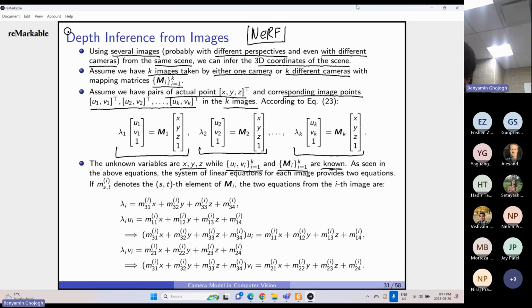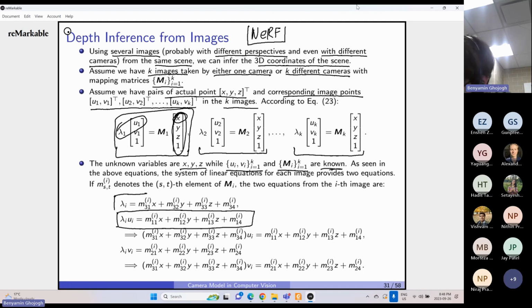So now consider one of these equations, for example. Do you agree that lambda_1 u_1 equals the first row of the M_1 times the whole column x, y, z, 1? This is exactly what I have written here. Lambda_i u_i for the ith image is m_11^i x, m_12^i y, etc., where i stands for the index of which image.